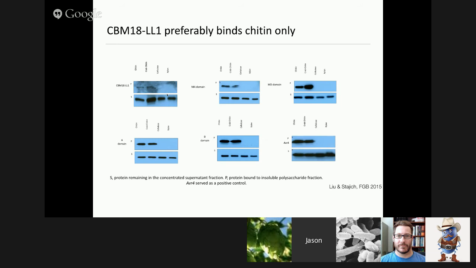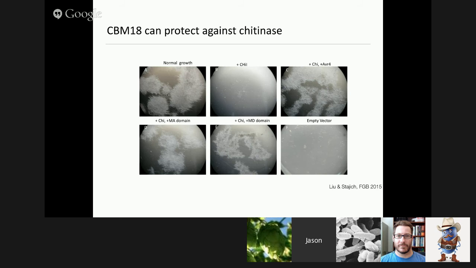The other question was whether this chitin binding was important for protection of the cell. In AVR4, the experiment that was done is to take a fungus called Trichoderma, which is very sensitive to chitinases. What you see in A is just Trichoderma growing in liquid, and you get this fuzzy stuff. If you add a chitinase, as you see in B, all the fuzzy stuff goes away.